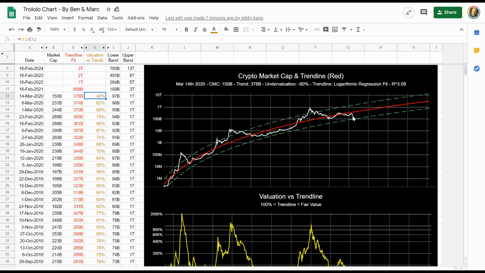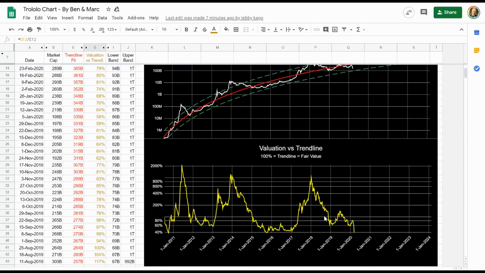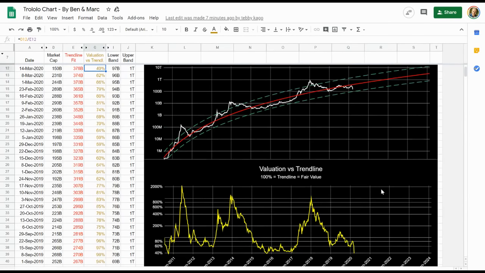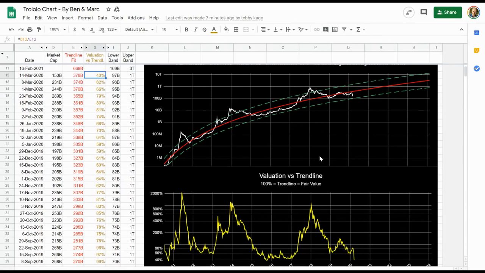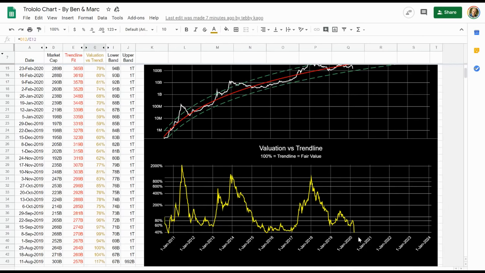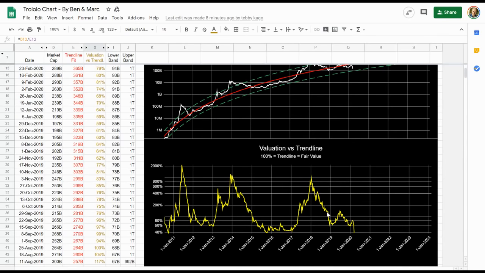Very interesting to see is that with the recent drop, we reached a new undervaluation in this cycle, in this bear and bull cycle. If you remember, before it dropped from 6,000 US dollars to 3,000 US dollars, we went to about 50% undervaluation. Here 100% is the red line, so no overvaluation and no undervaluation.